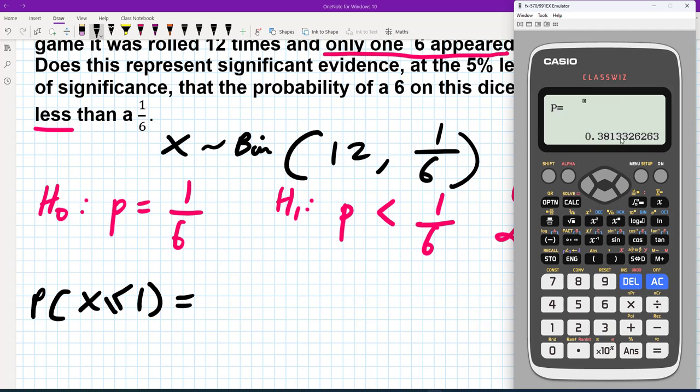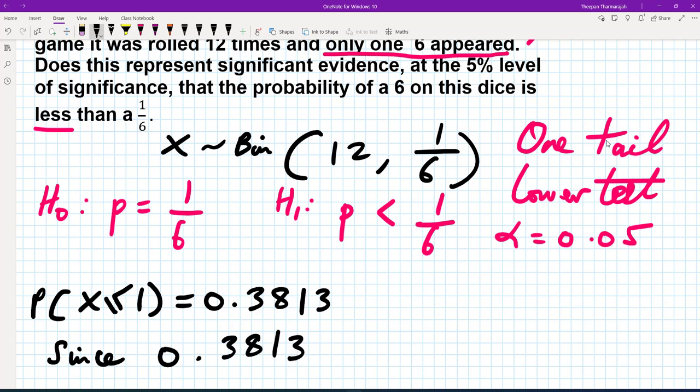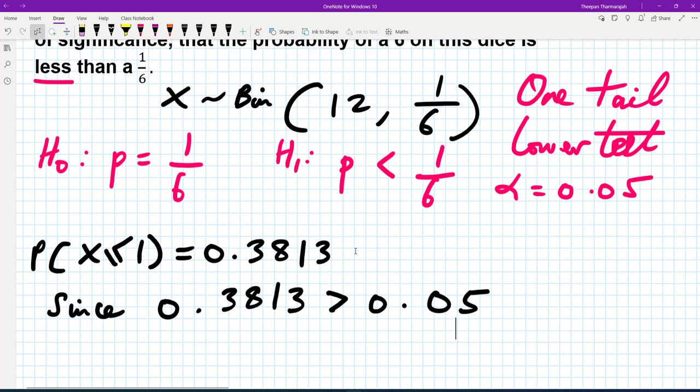That's going to give me 0.3813. So we can say since 0.3813 is strictly greater than 0.05. Remember, you only reject the null hypothesis if your p-value is strictly less than 0.05. In our case, our p-value is greater than 0.05.